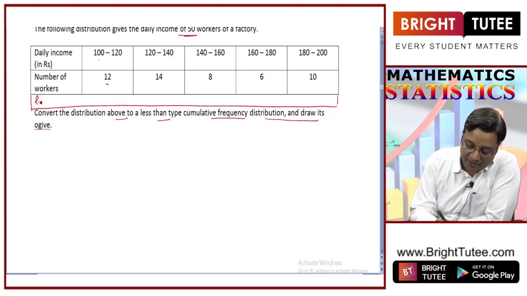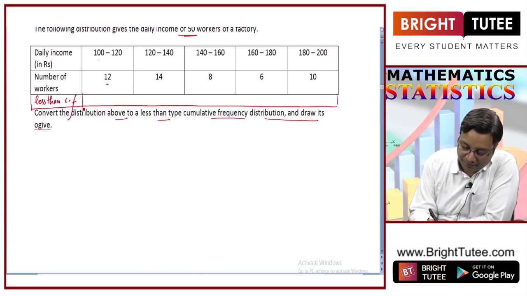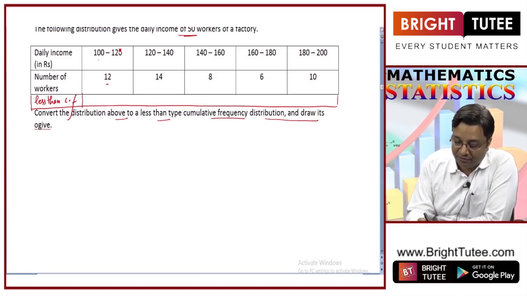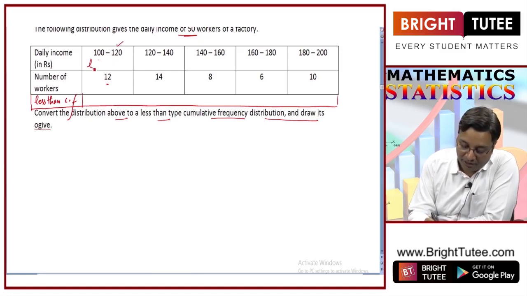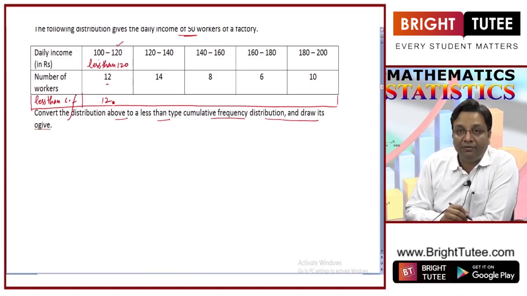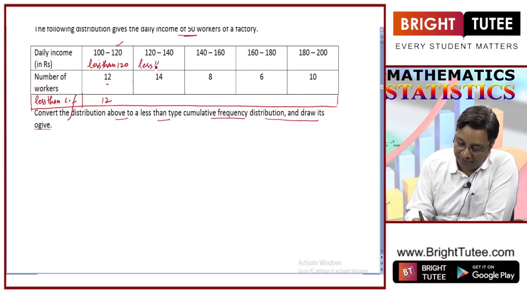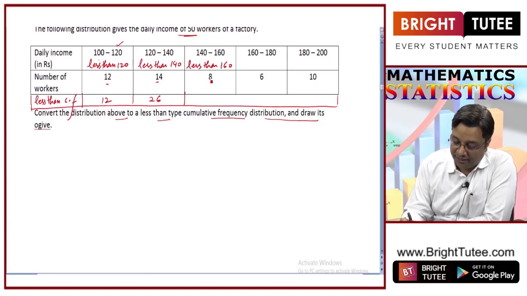What do we require? Less than type cumulative frequency, right. So, for less than type we would require upper limits. So, less than 120, if I write here, are 12, less than 140 are these 12 and these 14, collectively 26, less than 160, if you add 8 now in it, it will give you 34.